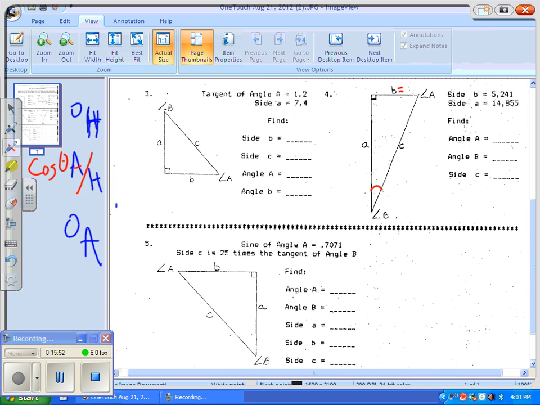Okay, so we have B, which is 5,241, and we have side A, and that's 14,855. Now, if we look at this thing, we would call this the opposite, and this is the adjacent. So we're looking for the hypotenuse, among other things, and the angle. Well, that's not a big deal.